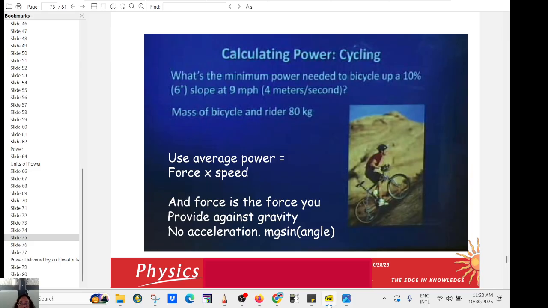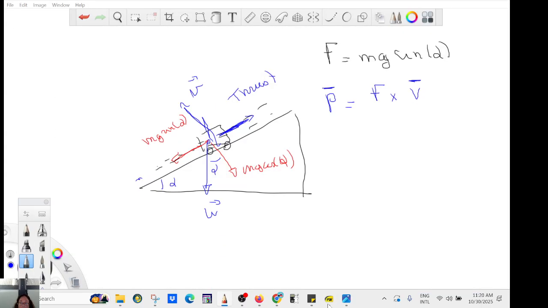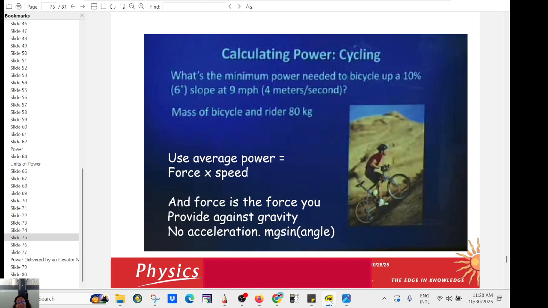But it doesn't say the mass. Oh, yes, thank you. So the average power will be 80 times 10 times sine of the angle. What's the angle?